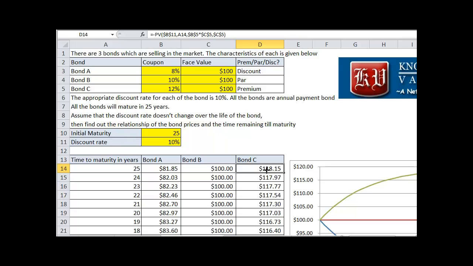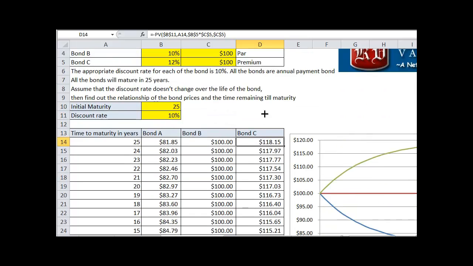So the bond price should come to the face value as time to maturity becomes 0. Over the years it should not happen in one jump, that for 24 years it is 118 and it jumps to 100 in the last year.